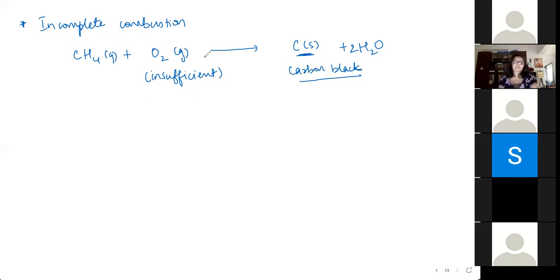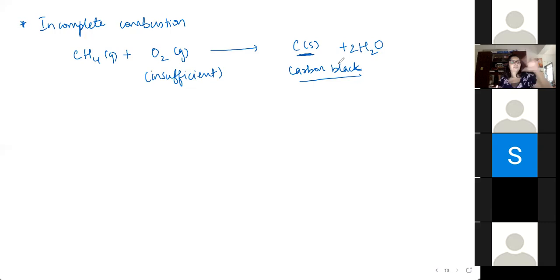Instead of the required amount of oxygen, you limit it. A defining factor of incomplete combustion is that the flame is dirty. It's not blue, it's yellow, orange in color. Because of the carbon particles, some of the carbon is going unoxidized.